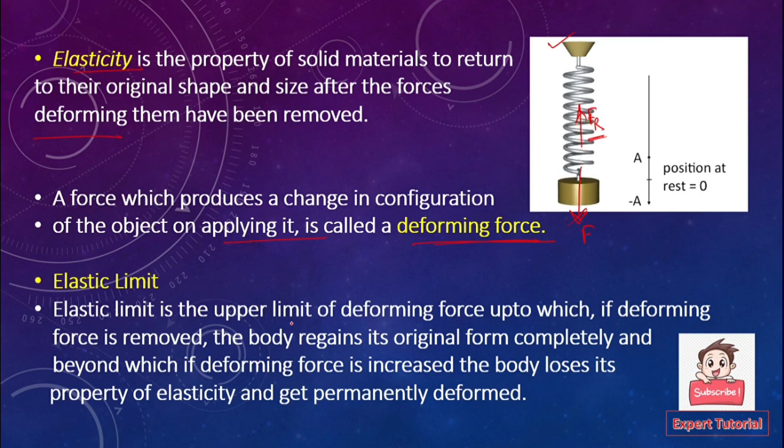So elastic limit is the upper limit of deforming force up to which, if the deforming force is removed, the body regains its original form completely. Beyond this, if the deforming force is increased, the body loses its property of elasticity and gets permanently deformed. This is known as the elastic limit. I'll have a longer discussion about this elastic limit in another video.